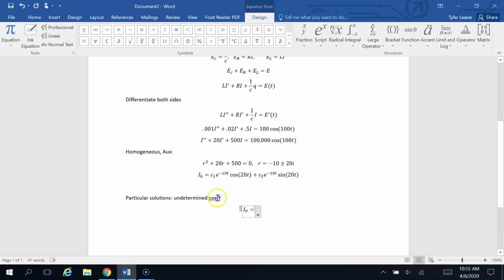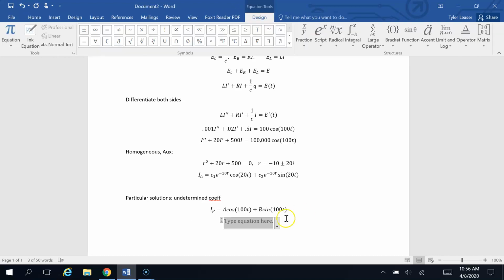If I'm using the undetermined coefficients, I want to set my particular solution to be something similar to this. I do not have a polynomial out in front. I do not have an e function, but I do have this cosine. So this is going to be the second part of undetermined coefficients, but a very simple case. We're going to set this just to be a constant cosine 100t plus a constant sine 100t.